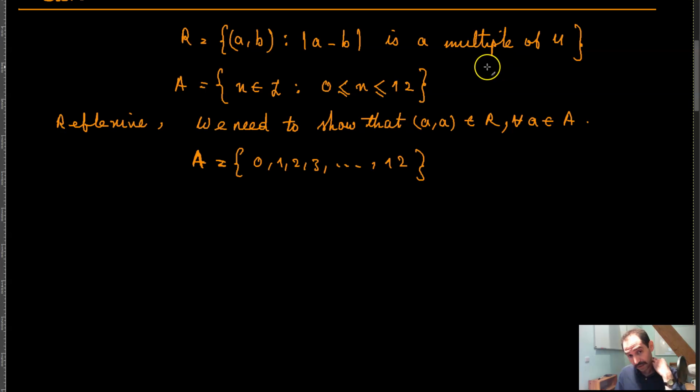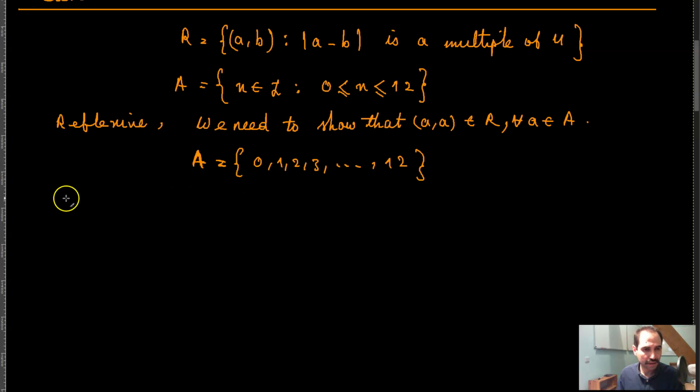Now, if I take 0 with 0, for example, then 0 minus 0 is equal to 0, which is a multiple of 4. 1 minus 1 is 0 again, a multiple of 4. 2 minus 2 is a multiple, and so on and so forth.